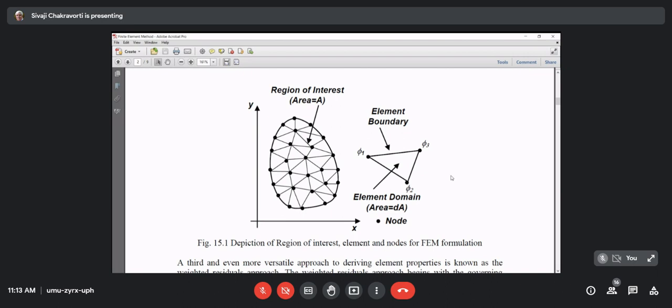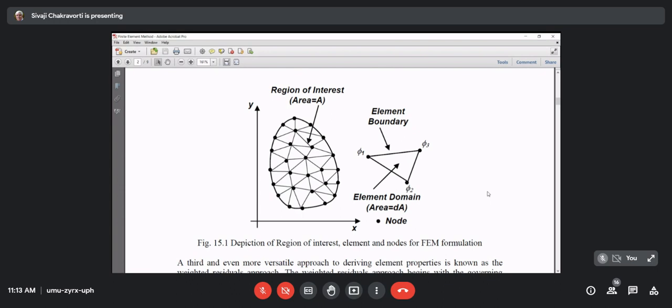And then we are going to define a relationship of the primary field variable over this element domain. Once again, a lot of different types of relationship can be defined, but the most commonly used relationship is that the primary field variable has a linear relationship in the element domain. That means as you move from point to point, the value of the primary field variable will vary linearly.